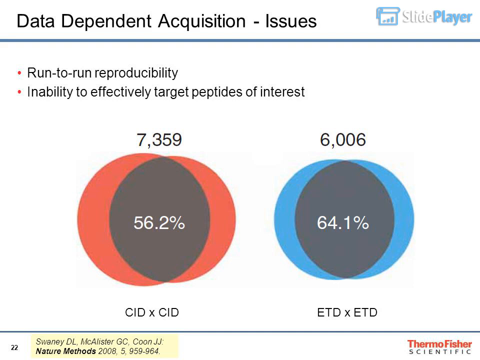In recent years, however, emphasis has shifted from identification to quantification, often with certain targets in mind. In this context, faults in the DDA approach have become increasingly evident. There are two primary limitations of the DDA approach. First is poor run-to-run reproducibility, and second is the inability to effectively target peptides of interest.